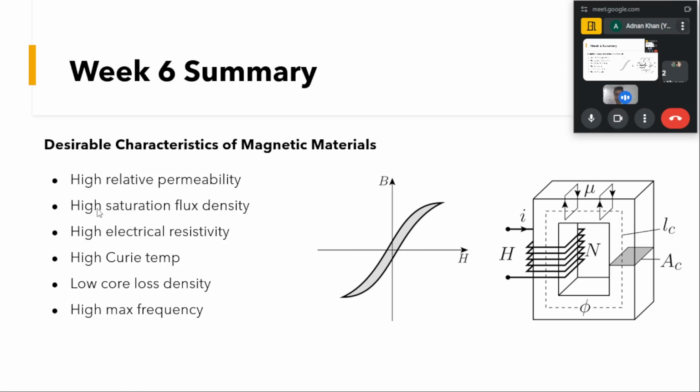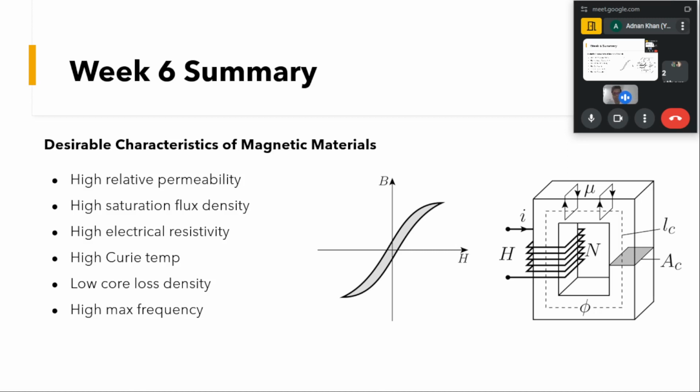And also, we should have a higher saturation flux density. For a particular core, this B flux density should be very high compared to our need, because we don't want our core to get saturated. If our core, for a particular value of the current I, gets saturated, as we saw, after that this relative permeability goes from very high to around 1, like air.